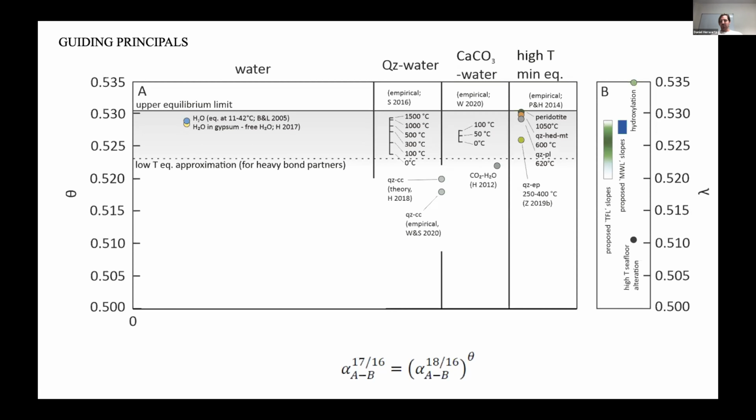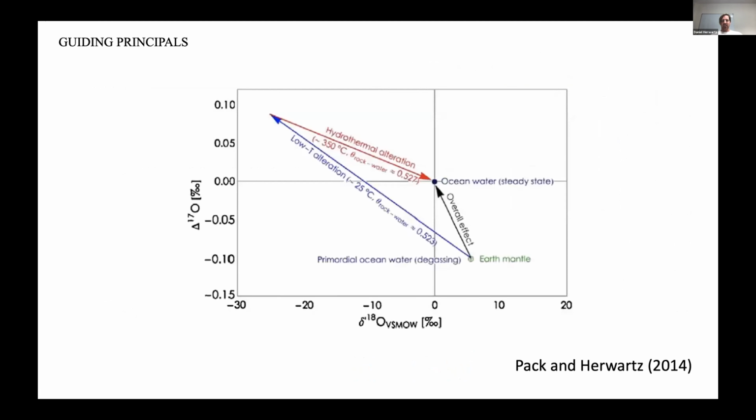You can also produce such a slope simply from equilibrium processes by combining several processes. This is an example where we have low T alteration and high T alteration of oceanic crust, holding the ocean water in a steady state. So we don't actually observe, but we can constrain these vectors here.